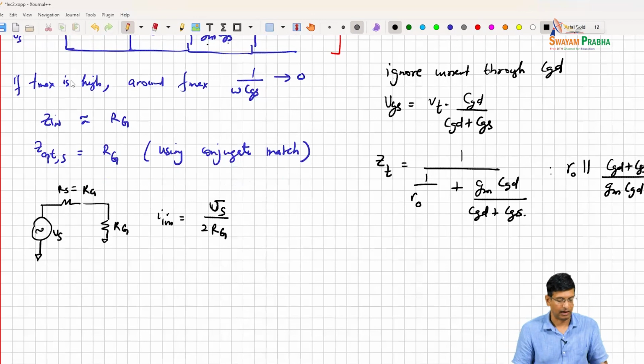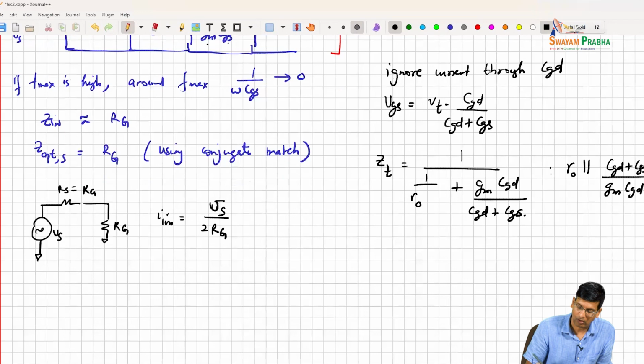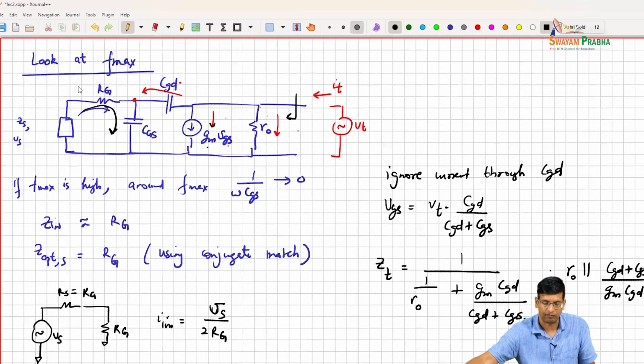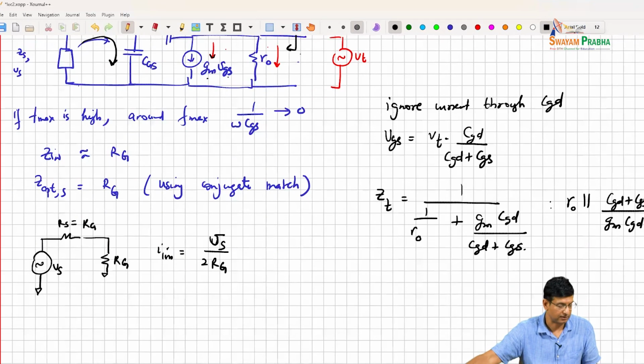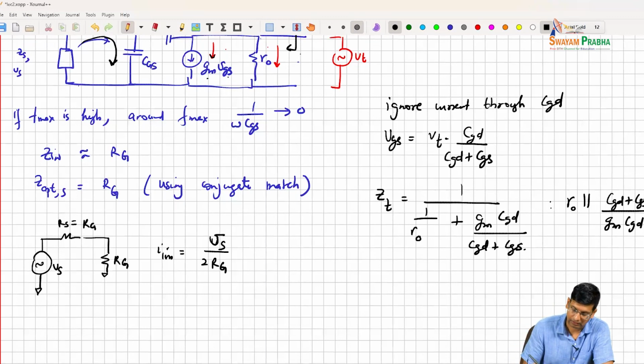On the output side, I will effectively have an output current source driving my load, right? At the input my Pin is going to be half In squared times Rg, right?